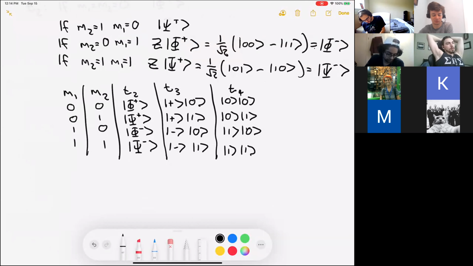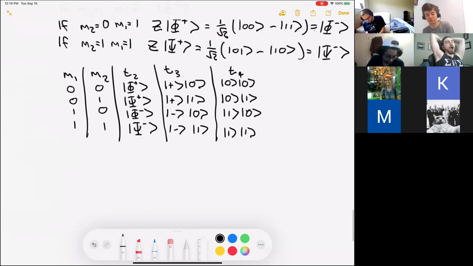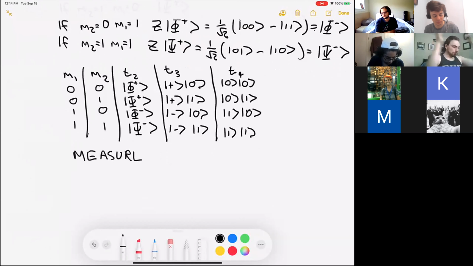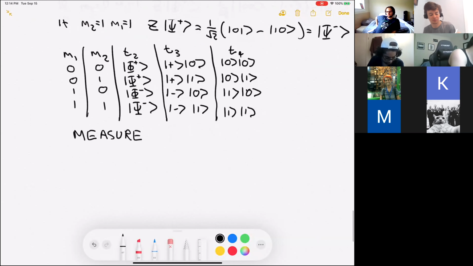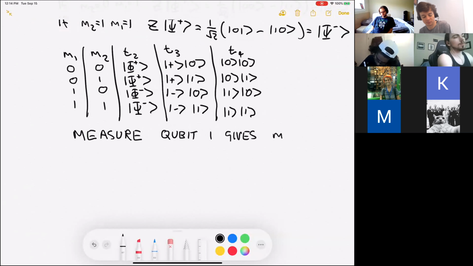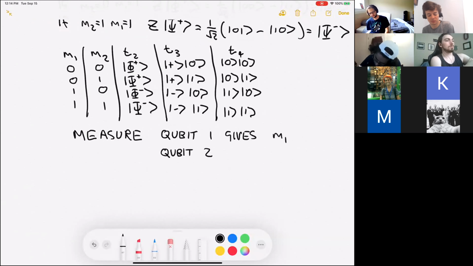Magically, all we now have to do is measure qubit 1, which gives M1, and qubit 2, which gives M2. Okay.